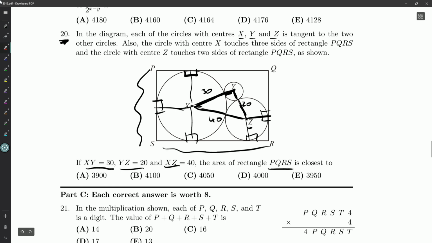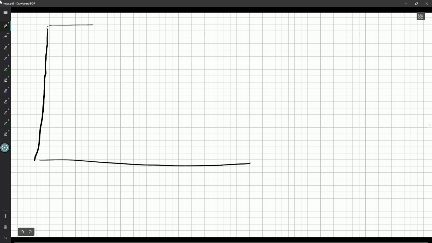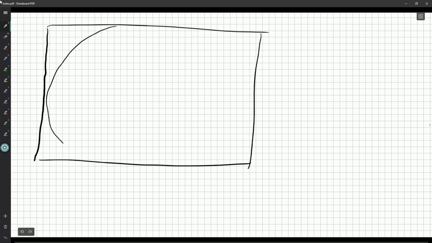The first thing I see, and I'll draw my own picture in a moment in the notepad, is that if I can just figure out the radius of the big circle, then 2 times that is the width of my rectangle. So let's get our own picture. I don't know what the radii are for the various circles, but I can give them names.